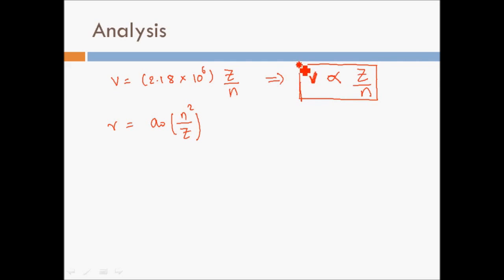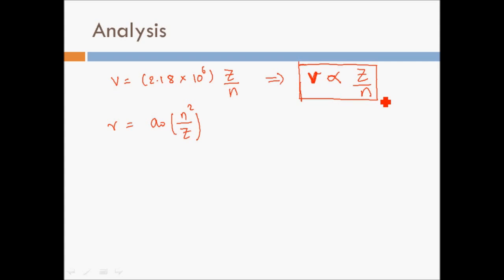Even for your school exams, the velocity of the electron is directly proportional to z, that is the atomic number, and inversely proportional to n, that is the orbit number. It is quite obvious. If you think of it in a qualitative manner, the farther the electron is from the nucleus, the less energy it will need, at least in magnitude terms.